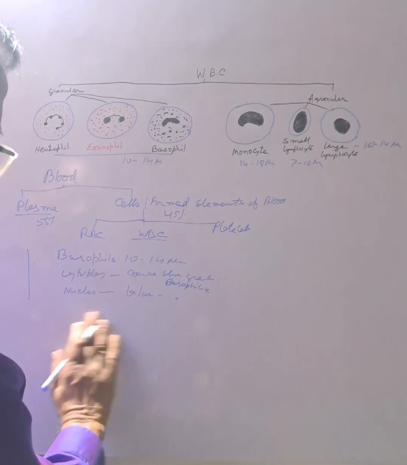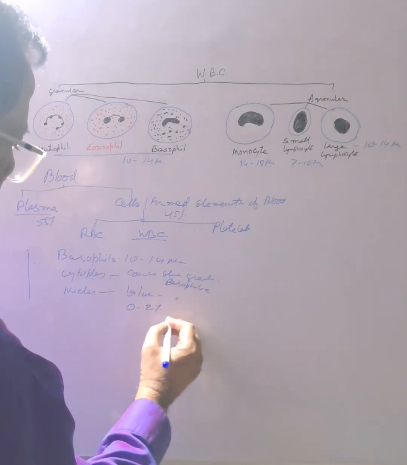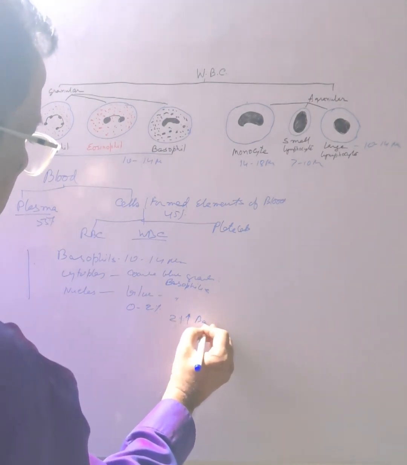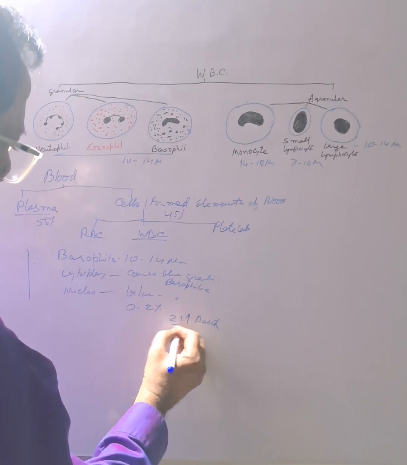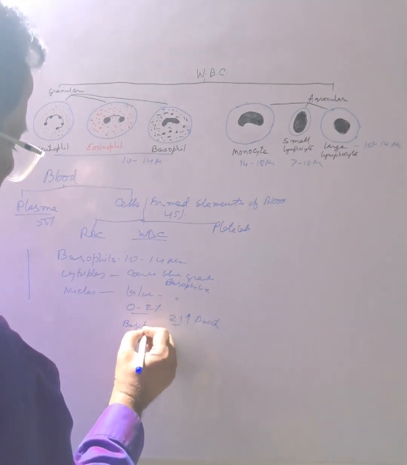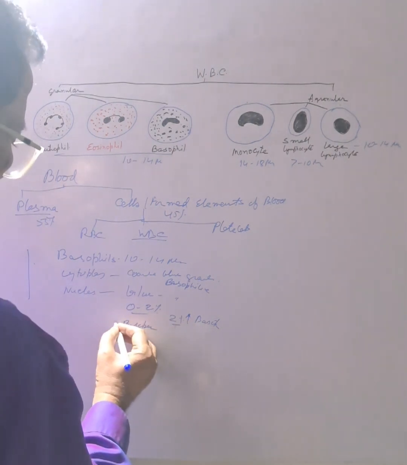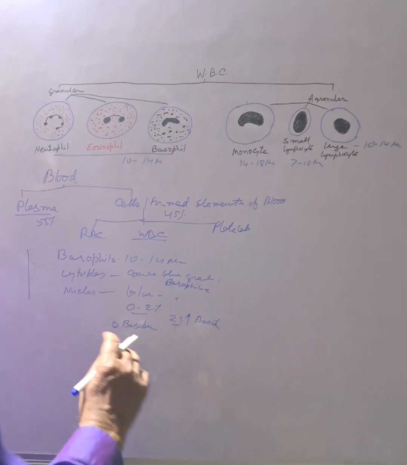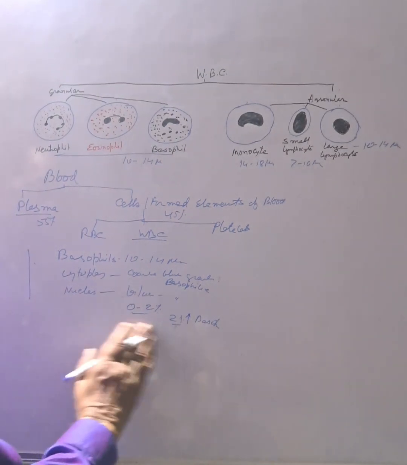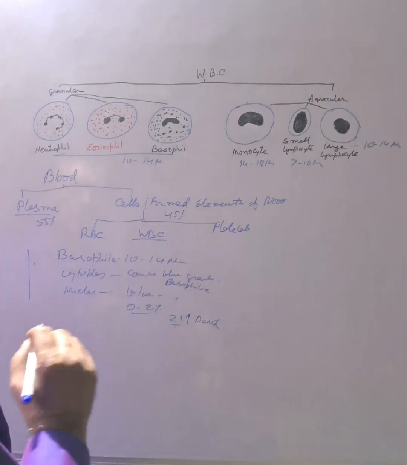Its normal count is 0 to 2%. When it is more than 2%, it is known as basophilia. In some cases there may be basopenia, but as the normal is near 0%, it is very hard to say whether basopenia is present or not.